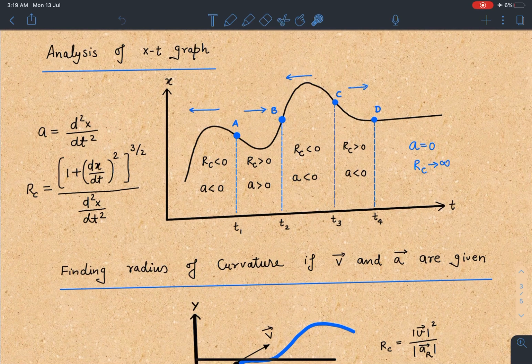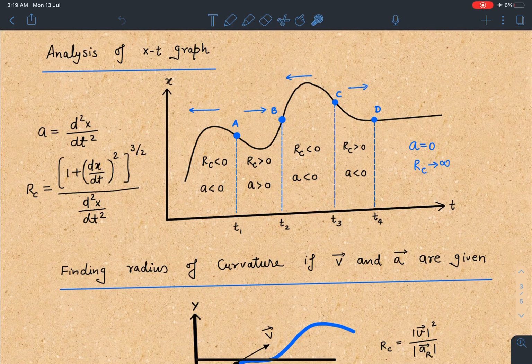So if I am plotting an xt graph, the radius of curvature of the xt graph is related to the acceleration. Because this numerator is always going to be positive, we are not worried about it. We are mainly focusing on this double derivative, d2x by dt square, which is nothing but the acceleration. So you can see here in this part, the circle will lie below the curve.